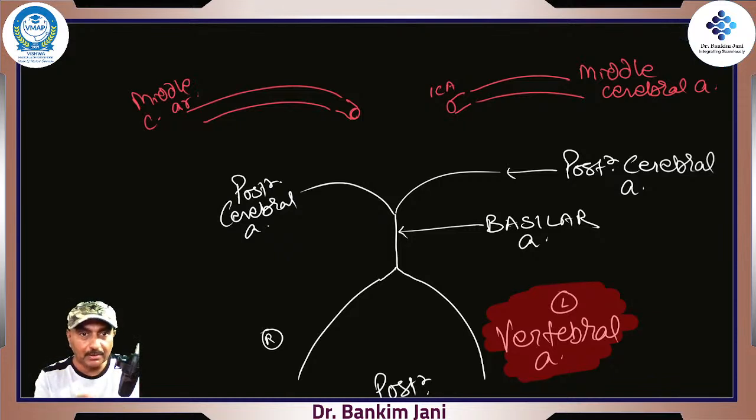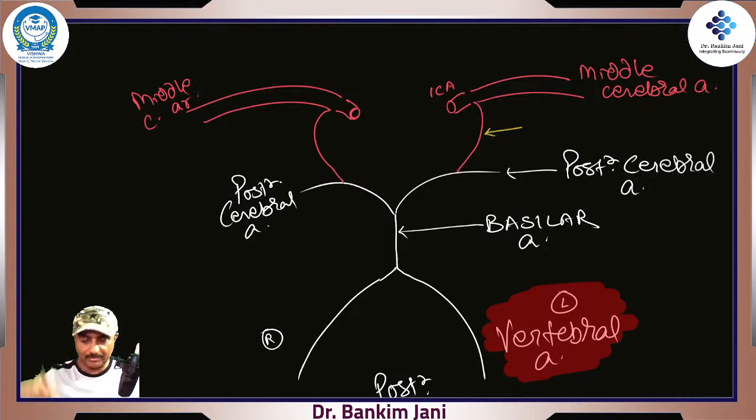It also gives one more branch, and that branch goes from here and talks to this posterior cerebral artery, because they want to form the whole circle. So a branch goes; middle and posterior are communicating. That's why this artery is named the posterior communicating artery.